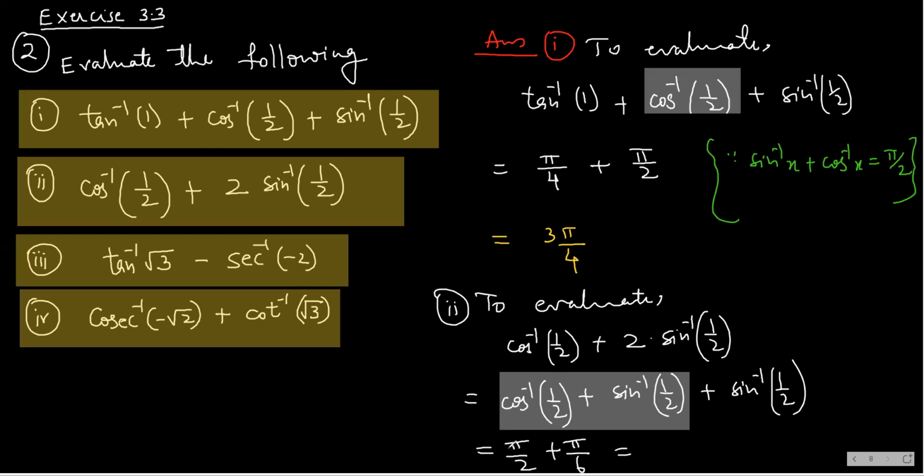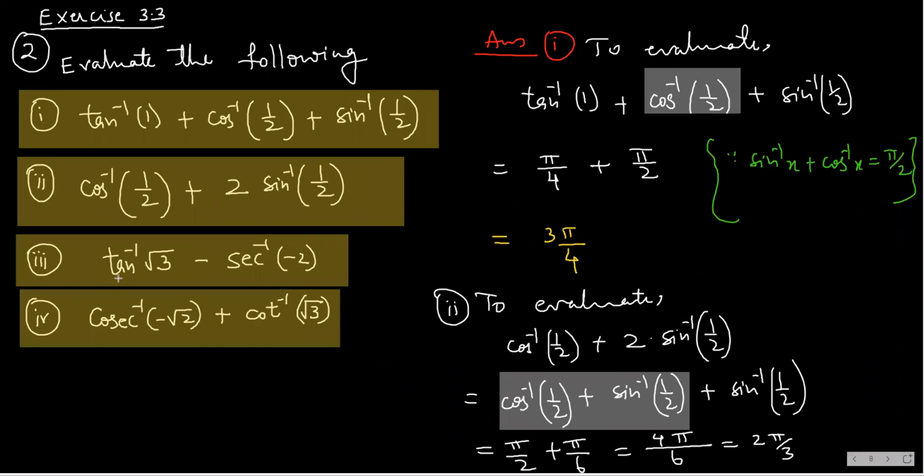This is 3 pi by 6 plus pi by 6, so we get 4 pi by 6, where 6 is the LCM. That is 2 pi by 3. That is the answer.